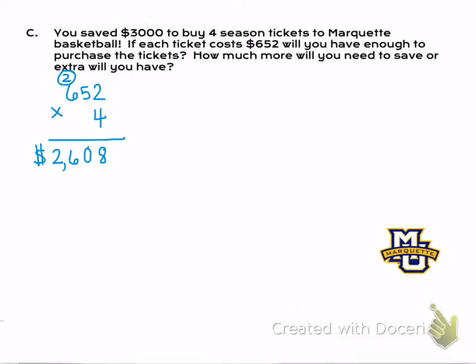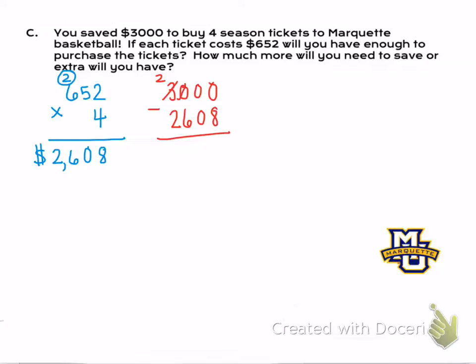So we now need to take $3,000 and subtract the $2,608 to see how much extra we have. So I'm going to borrow all the way from over here.